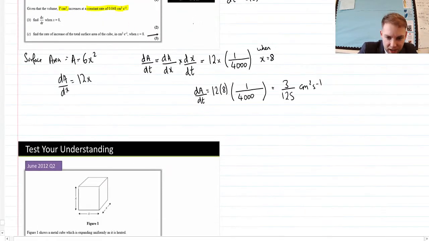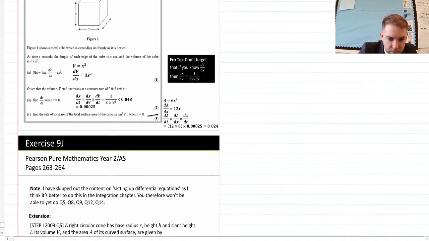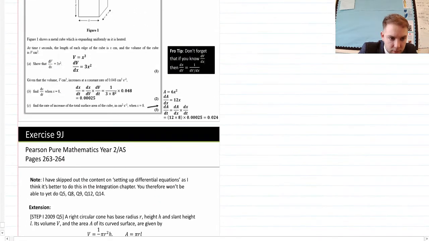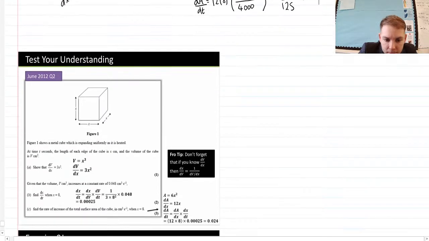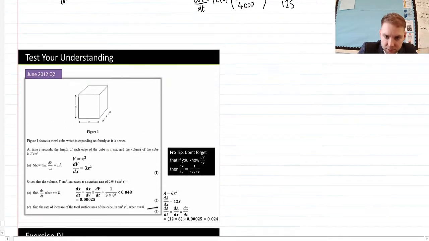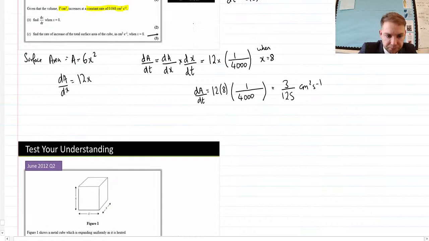Alright, I'm just going to check that answer and then give you a second to copy it down. Yeah, I think we've got it right. They've not done it as a fraction, but 3 over 125 is that.